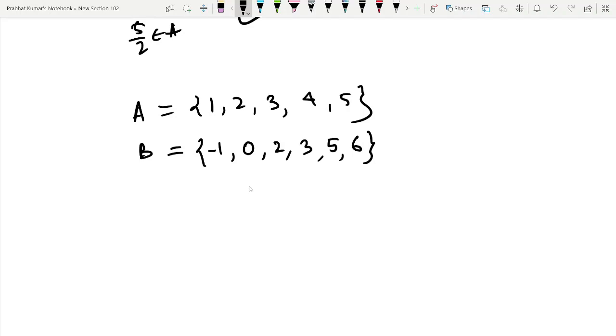So let me ask you one question. Which set is greater, right? So which set do you think is greater? Someone might say that the number of elements in B is greater, so B may be greater.